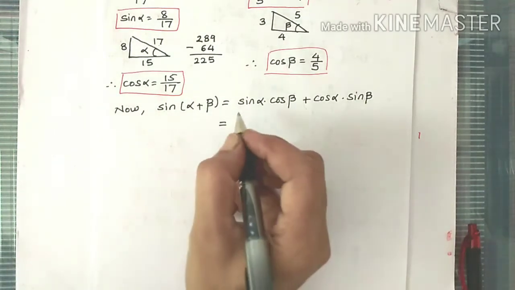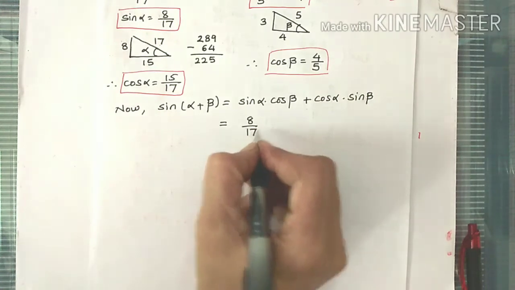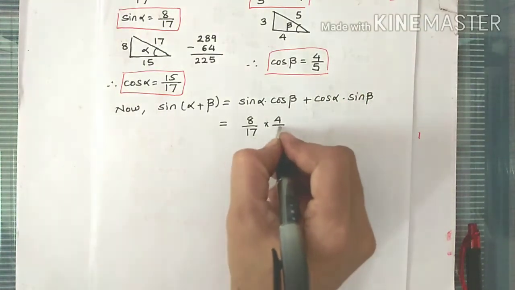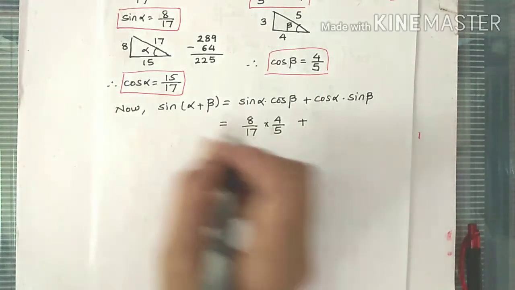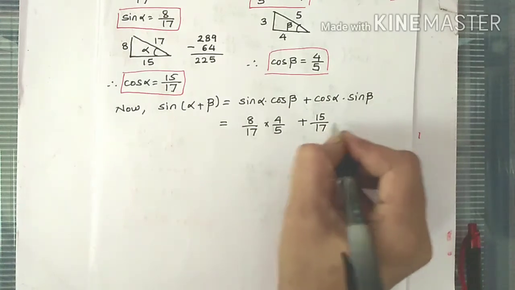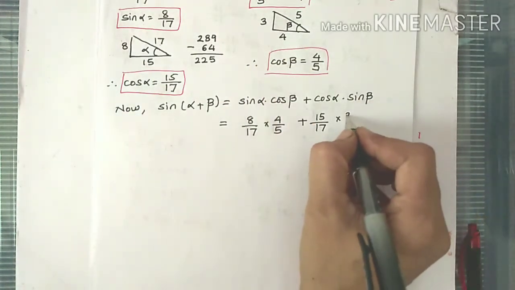So substituting the values now: sin of alpha is 8 upon 17 into cos of beta, which is 4 upon 5, plus cos of alpha, that is 15 by 17, multiplied by sin of beta. Sin of beta is 3 by 5.